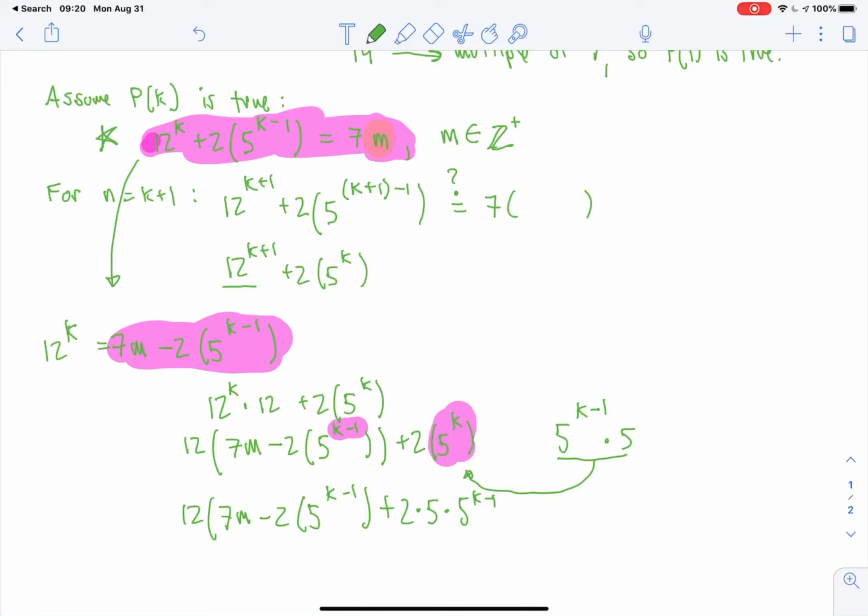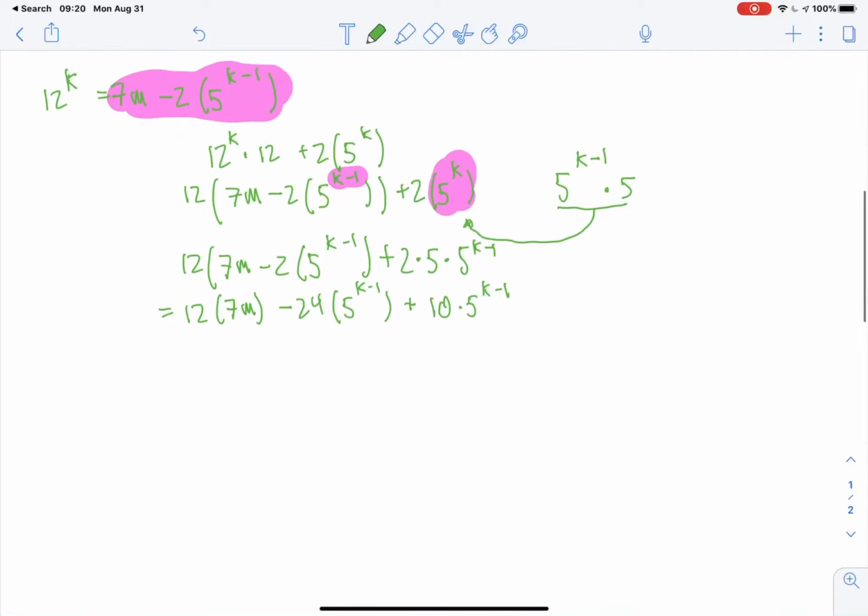And now I can continue doing some work here because I can actually distribute this 12. So this is 12 times 7m minus 24 times 5 to the k minus 1 plus 10 times 5 to the k minus 1. And I can do a little simplification here because these are like terms.